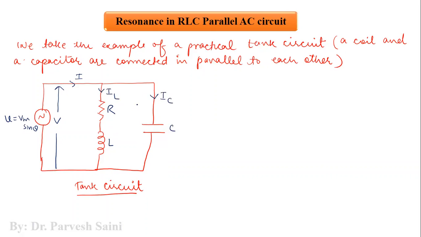Now, the condition for resonance is the same. Now in this, when the current in both the branches is equal, because here the current is divided, voltage remains same.